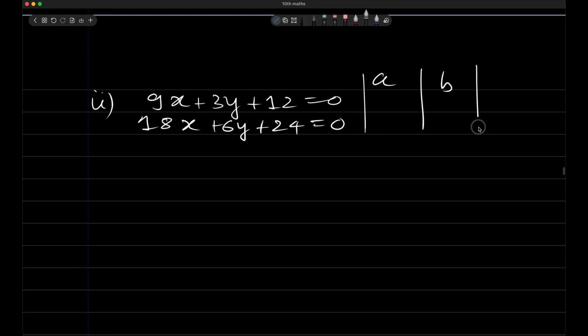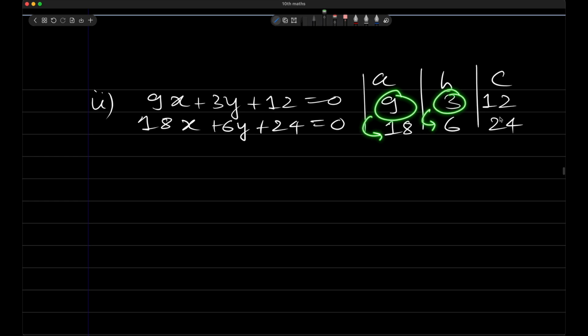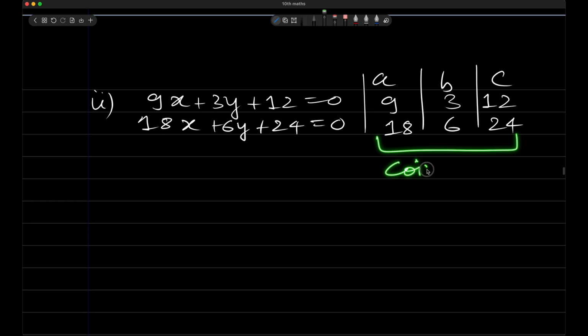A, B and C for the first line are 9, 3 and 12, and for the second line they are 18, 6 and 24. If we observe here, 9 2s are 18, 3 2s are 6, and 12 into 2 is 24. We can conclude that these two are coincident lines.